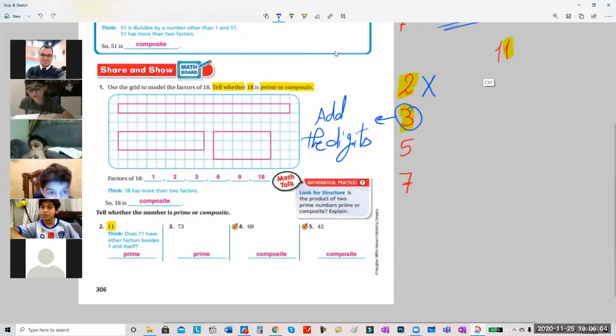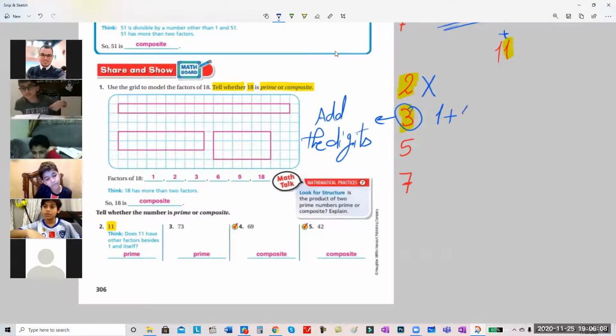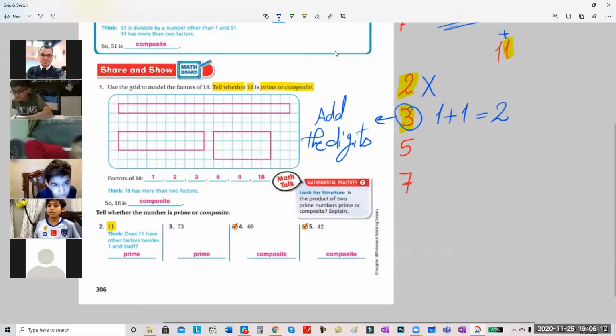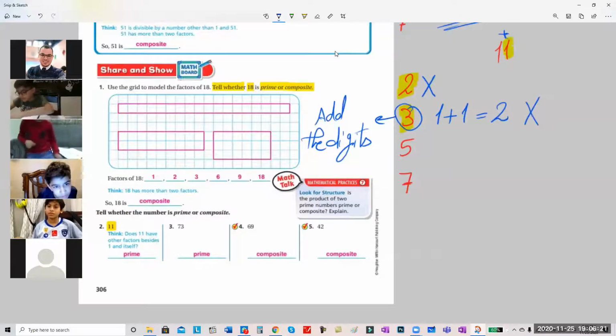Okay, so let's make a small plus here and add the digits. 1 plus 1 equals 2. Is there any number multiplied by 3 that gives us 2? No. So we can't divide by 3 as well. What about 5, Ryan?